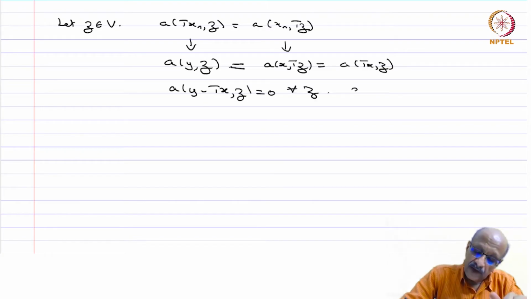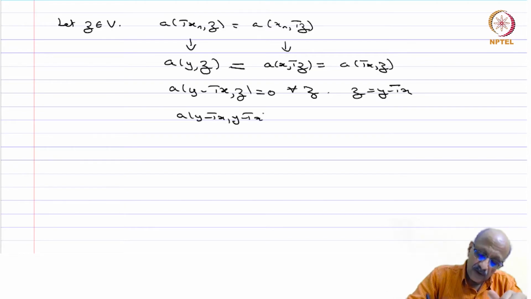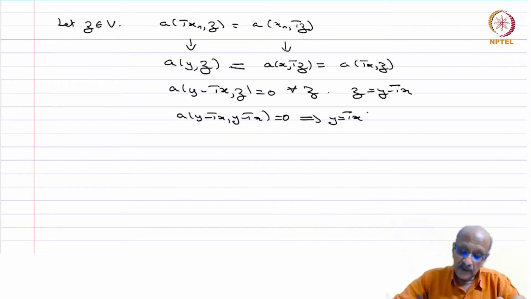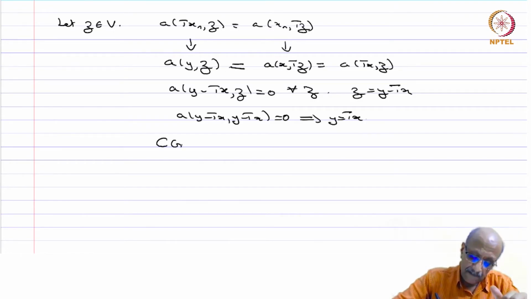So you take z equals y minus Tx. So you get A of y minus Tx, y minus Tx equal to 0, and this is possible only if y equals Tx. Because if it were not 0, this would be strictly positive. So that's the given condition, and therefore by the closed graph theorem we have that T is continuous.